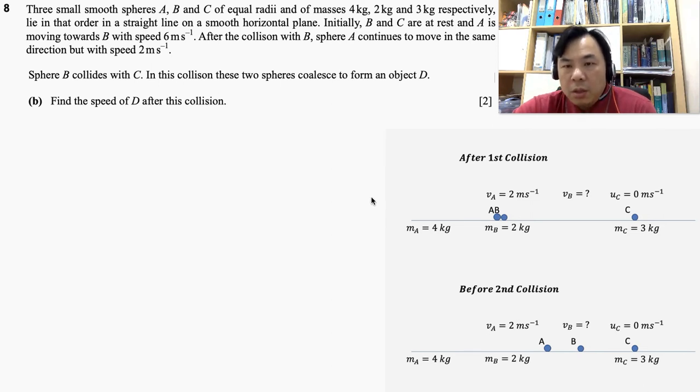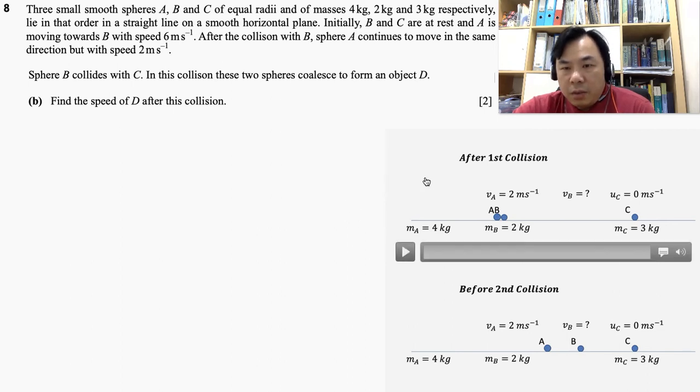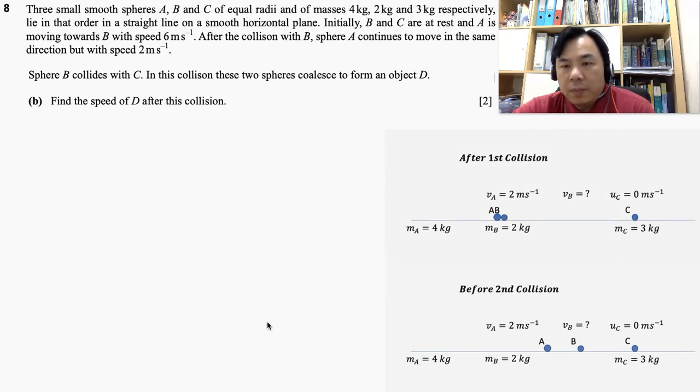So just to show you again, this is after the first collision now. You can see that B starts to move at 8 meter per second, and then A will move at 2 meter per second. So A is slowing down, but B is picking up speed at this point. I'm going to show you the answer that we obtained previously.